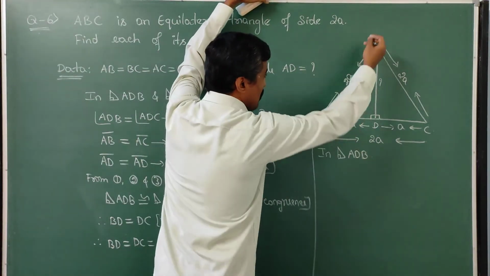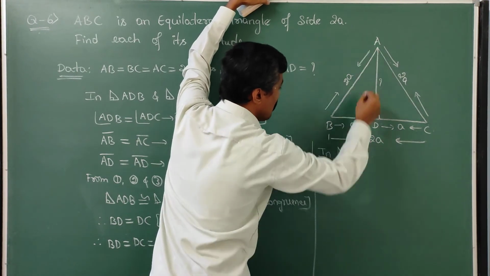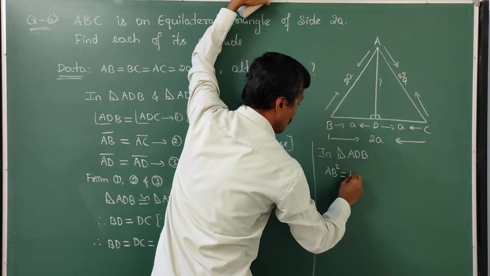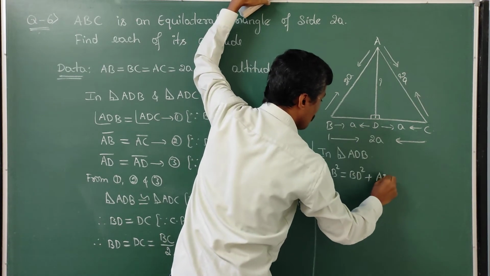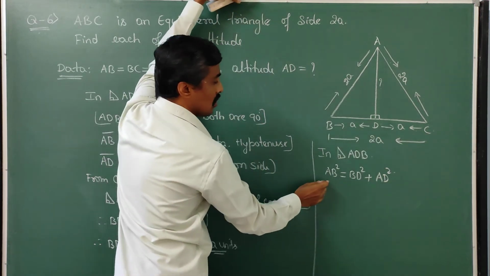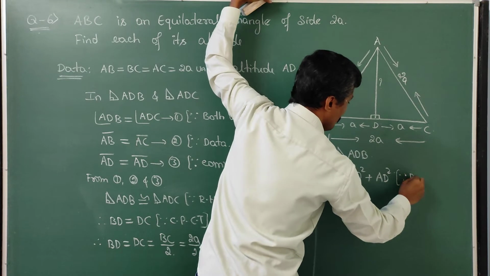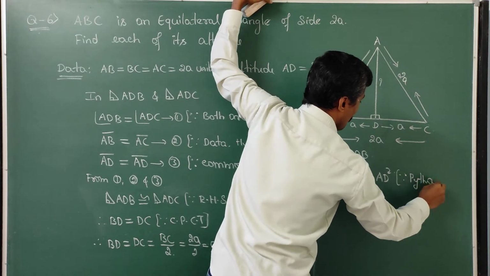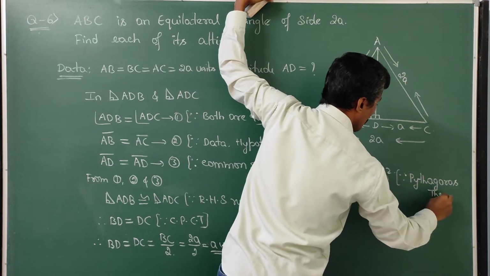It is a right angle triangle, so AB square is equal to BD square plus AD square. So you know the length of AB square, according to the Pythagoras theorem.